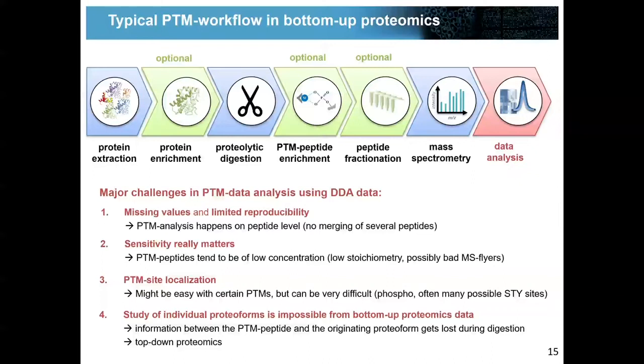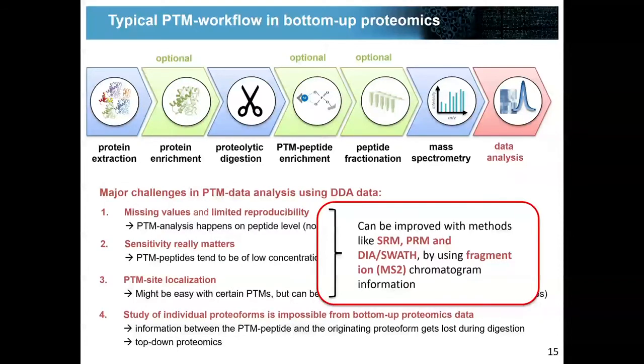So as long as we digest, we cannot really do proteoform analysis. The way to solve that is to measure the complete proteins and to do top-down or middle-down proteomics.